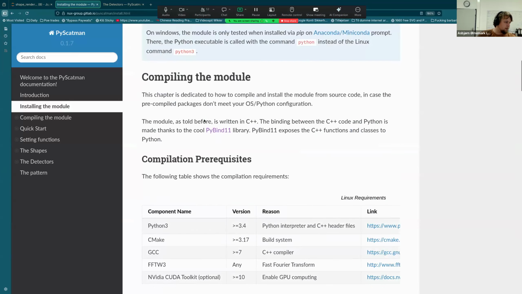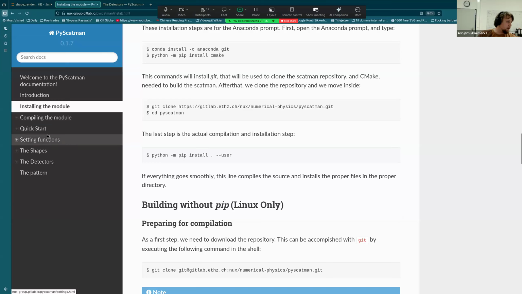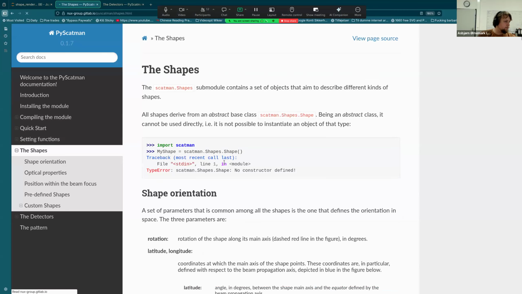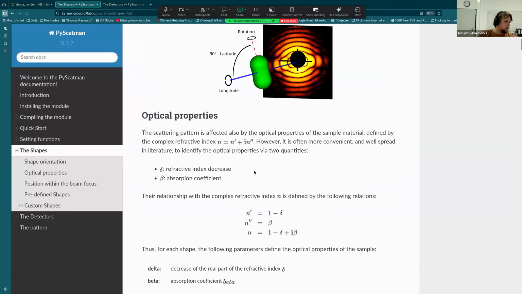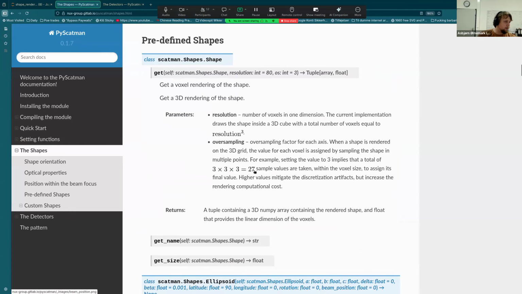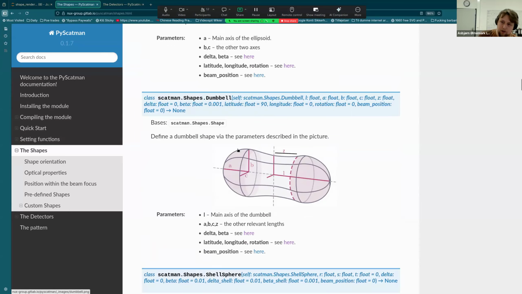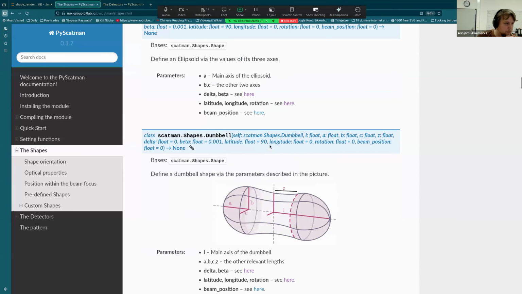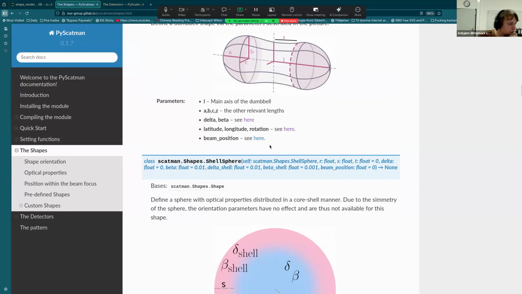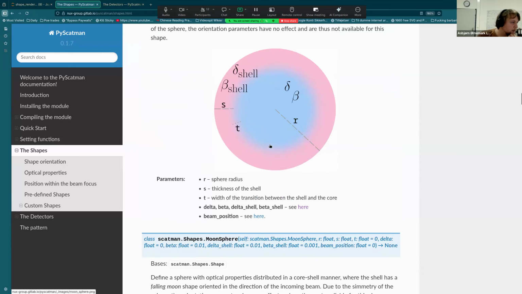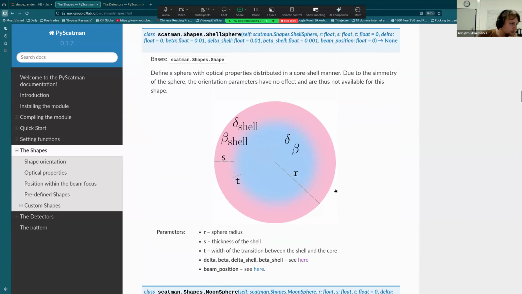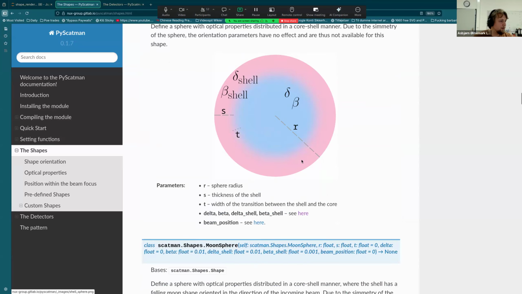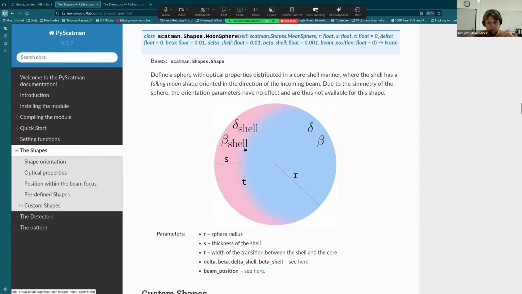So we mostly looked at these, like the shell sphere shape. These generally have one beta and one delta parameter all the way through. But this one, right? This is pink and blue, so here you can set two different delta and beta parameters, two different optical parameters.